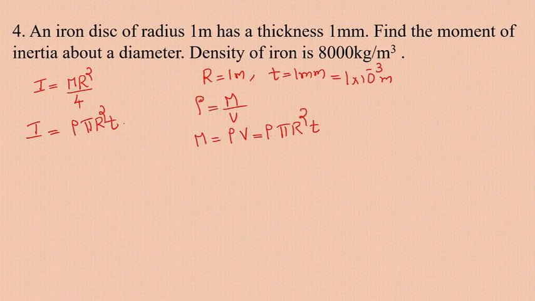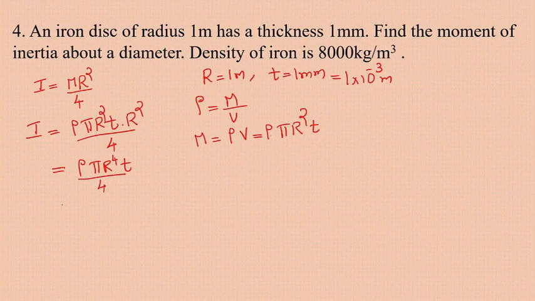That is the value of m, and r square divided by 4. So let us rearrange: rho into pi r raised to 4 into t divided by 4.